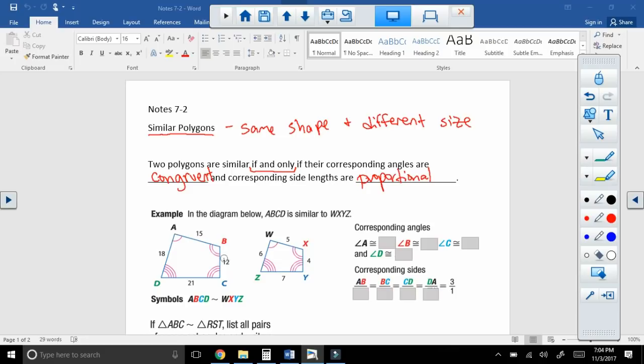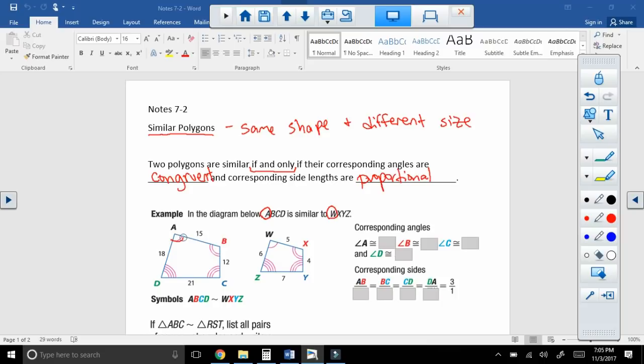Looking down here, these two quadrilaterals would be similar, and it says in the directions that ABCD is similar to WXYZ. Just like when we did our congruency statements and you had to match up the angles in the same positioning, you need to do the same thing here.